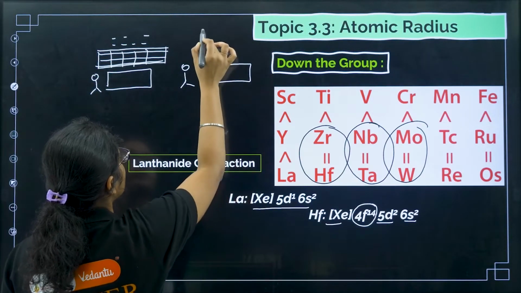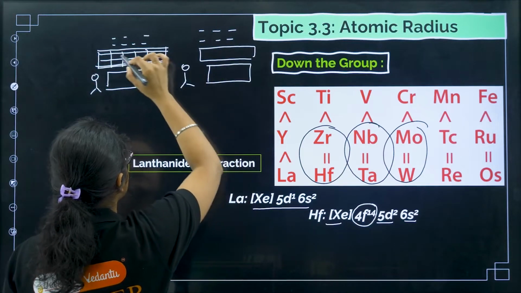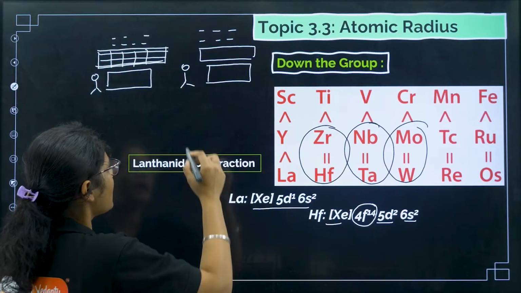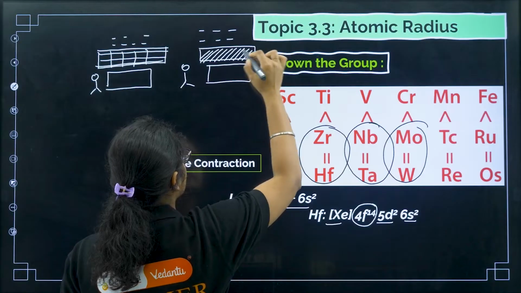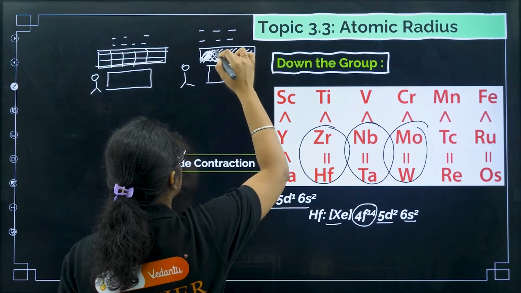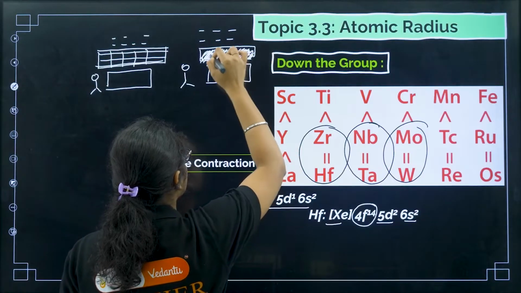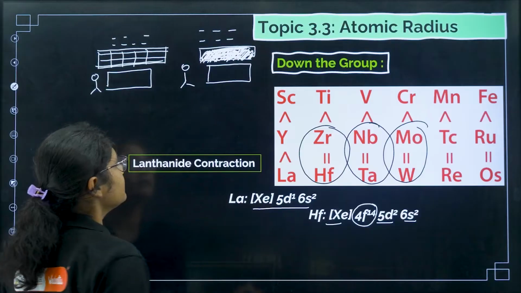Here I have put a net, like a badminton net, and here I have put a wooden plank, so you cannot see at all, there is no visibility.